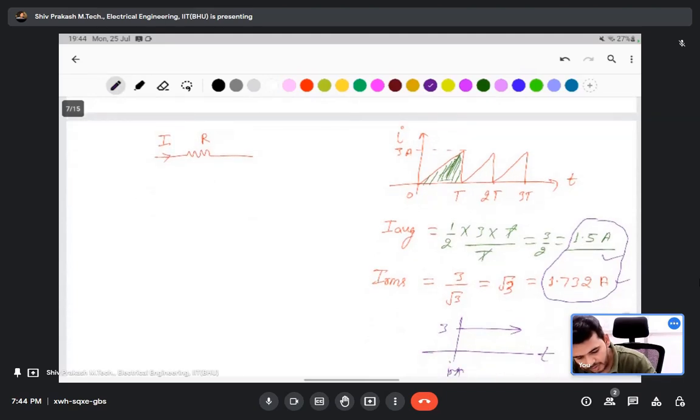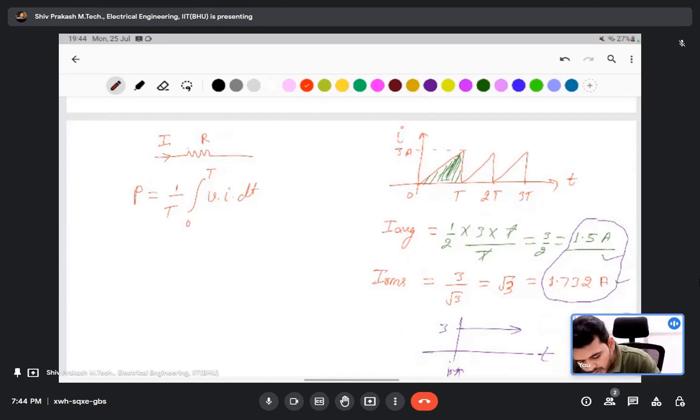First, I calculate the power. Power is equal to the universal formula 1 by T integral from 0 to T of v into i dt. This formula is applied to every signal, and T is the time period.